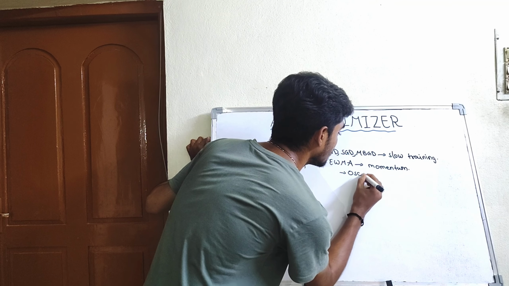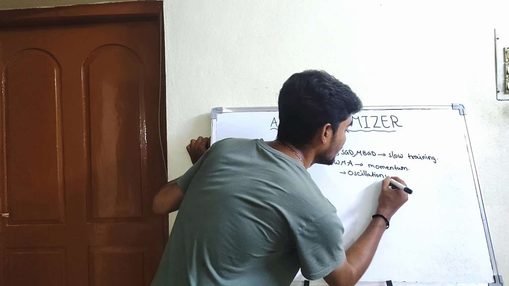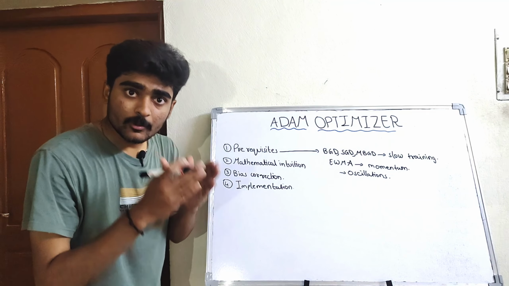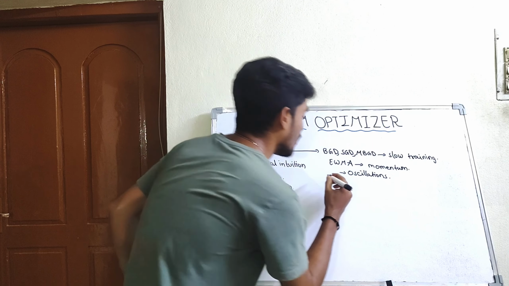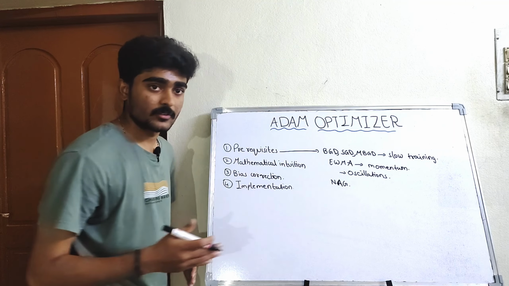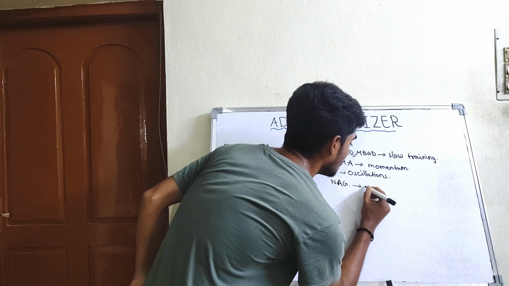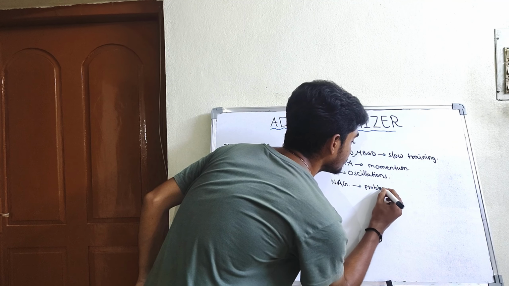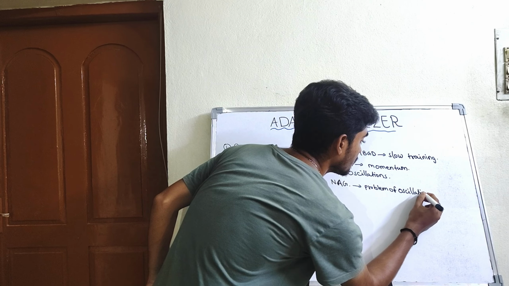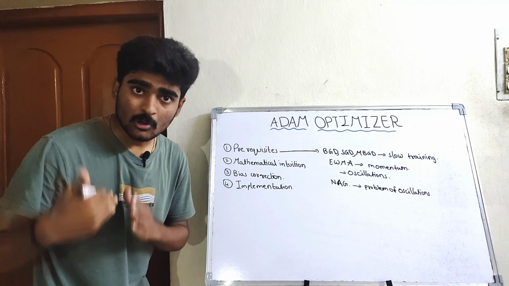To overcome the problem of oscillations, the optimizer that came is NAG, which means Nesterov accelerated gradient. It basically solves the problem of oscillations.